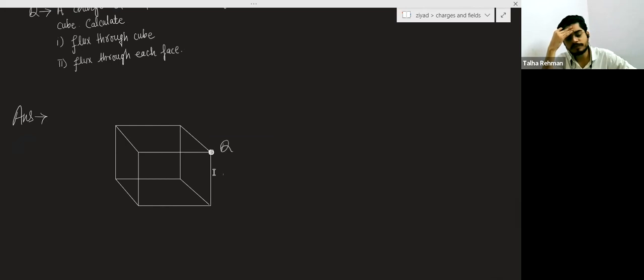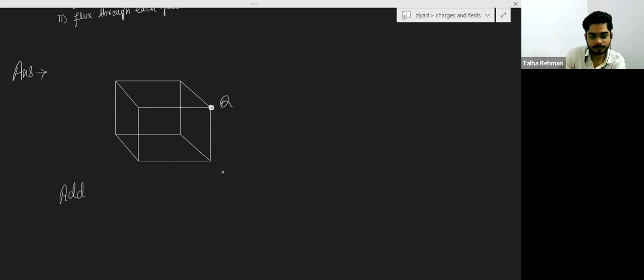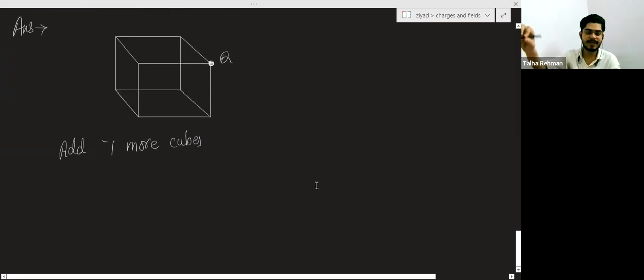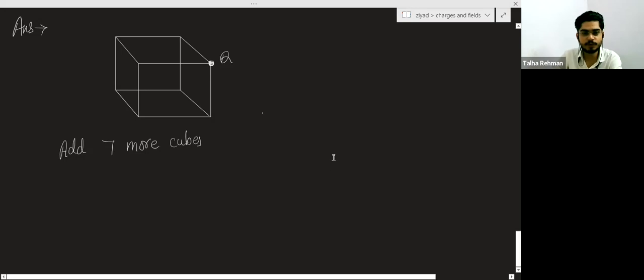So when you add 7 more cubes, you add 1 cube here, 1 cube here, and in this direction you add 1 cube, and in the back side you add 1 cube. So you will add 7 more cubes, and you will have a bigger cube.